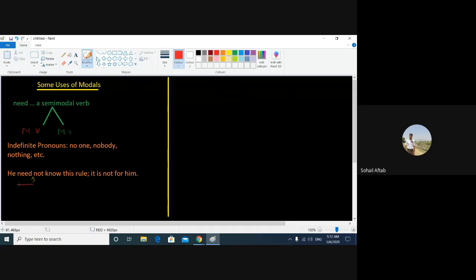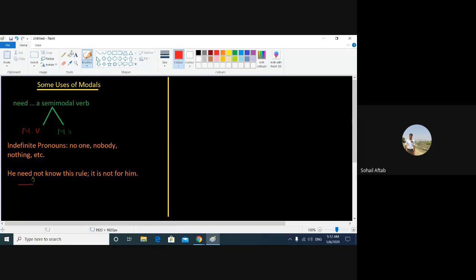So you need not use it. What exactly will you use? Your structure goes something like that: you need not know this rule. He need not know this rule. I need not know this rule. So here, s or es doesn't apply to need in a modal situation.